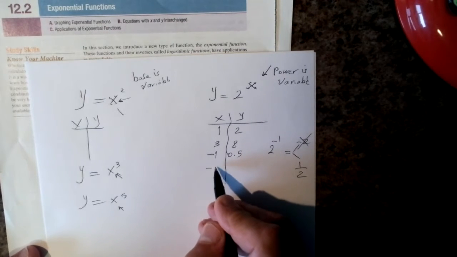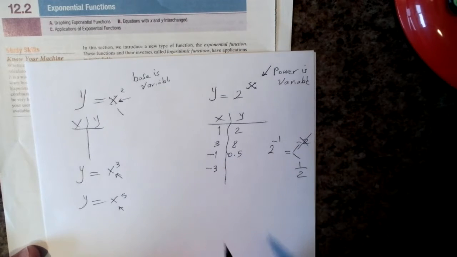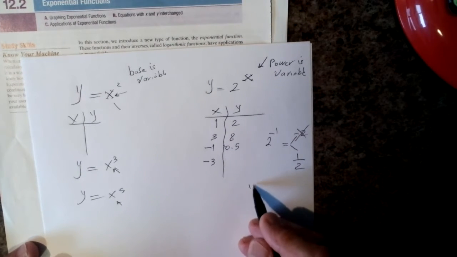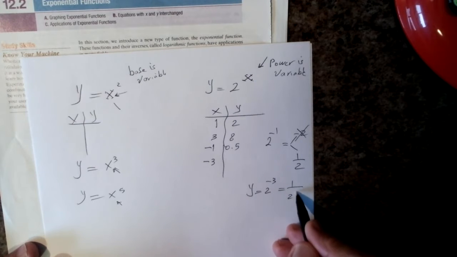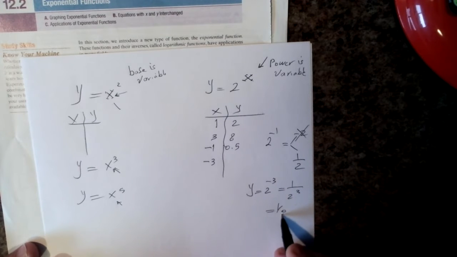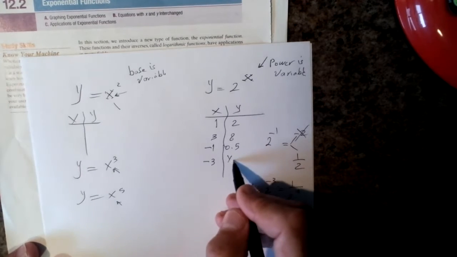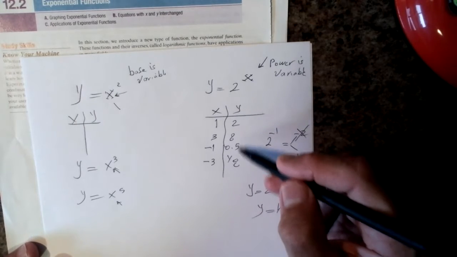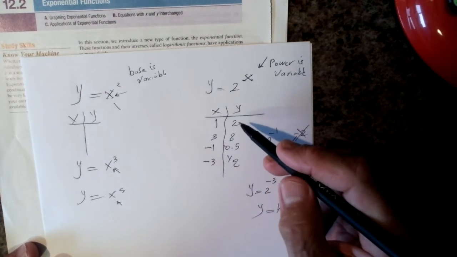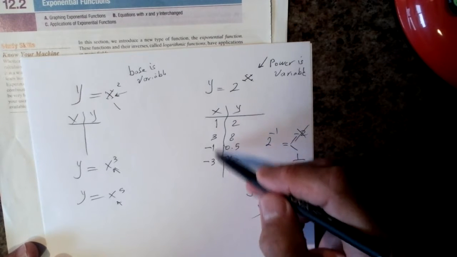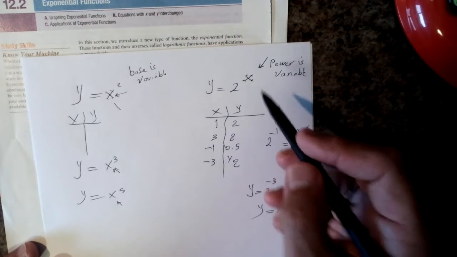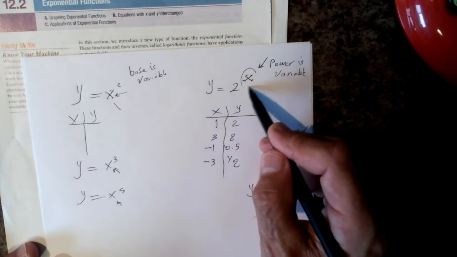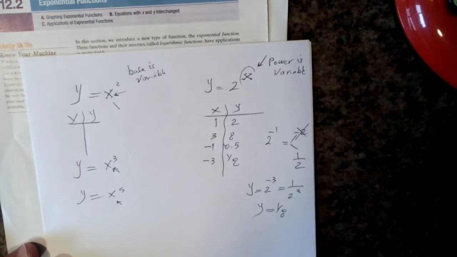Or let's say x is -3. Then y is 2 to the power of -3, which is 1/2 to the power of 3, which is 1/8. See, in any case, y is always positive, whether x is positive or negative. Again, an exponential function is a type of function where the power is a variable.